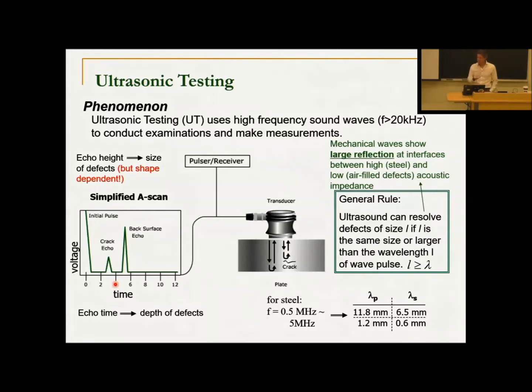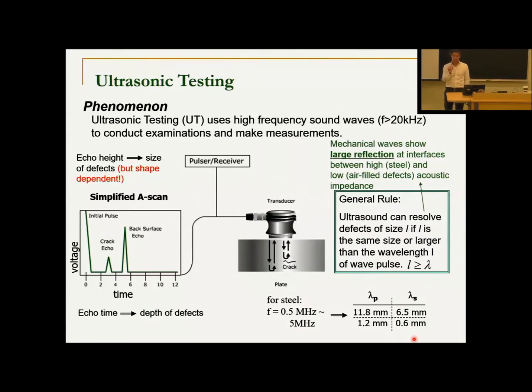So what dimensions are we talking about? Well, for steel, considering its elastic constants and densities, we can figure out the wave velocities of the P wave and the S wave. And for certain frequencies, we can then find the wavelength. And you'll see here that now we're talking about on the order of millimeters, just barely sub-millimeter resolution, not micron resolution.